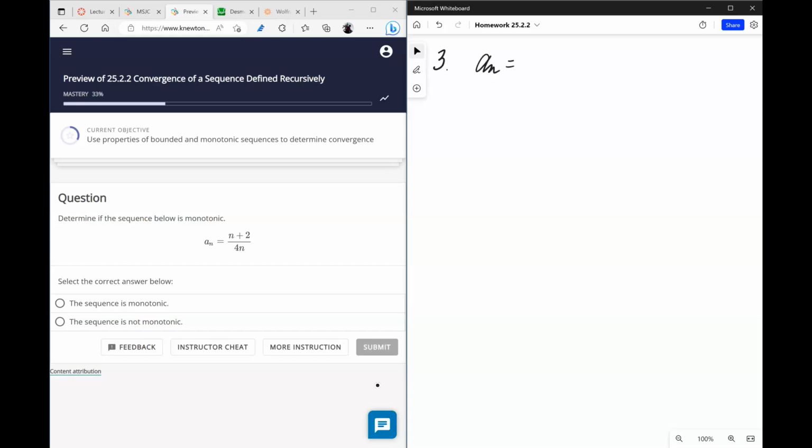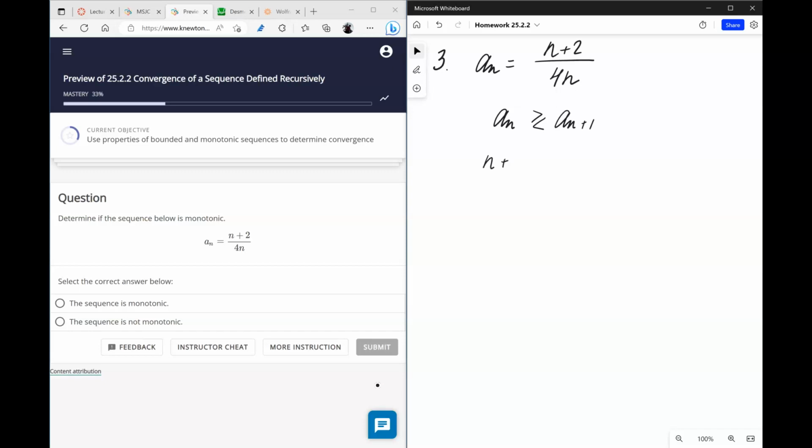Here's another example of trying to understand what a monotonic sequence is. I call it monotone, which is just as good. And in this case, to establish the monotonicity, we have to check how the nth term relates to the n plus 1th term, its successor.